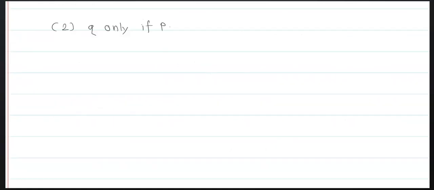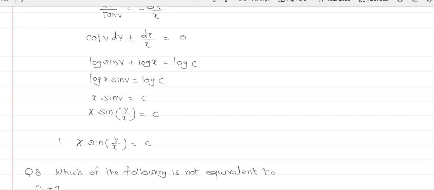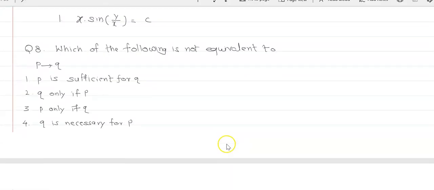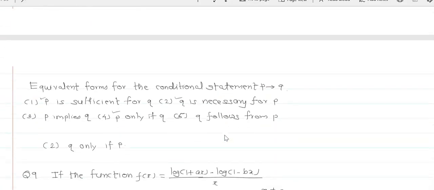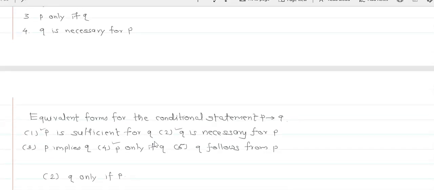Q only if P is not equivalent. Now see this. The first is correct, second, and fourth. That is Q only if P. This is the answer, that is not equivalent.